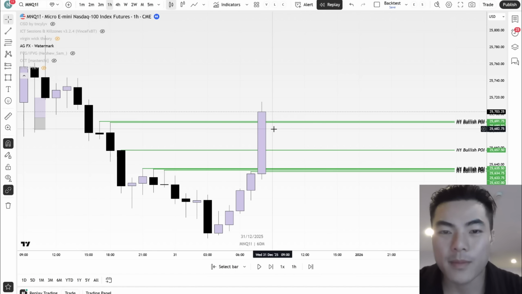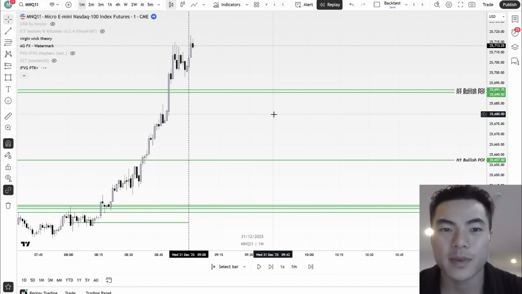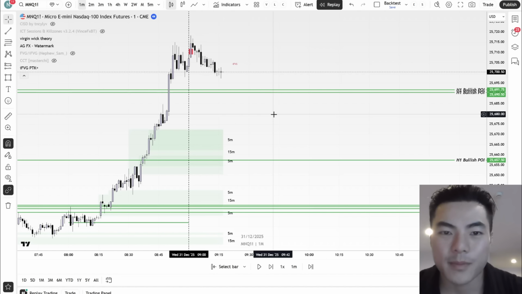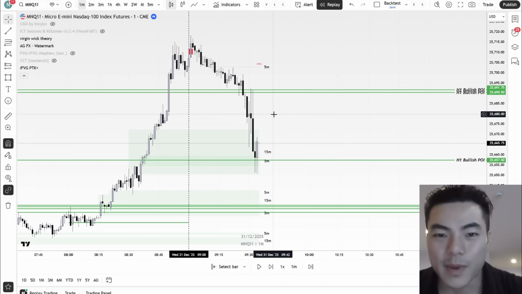So from 9 a.m. you can drop down to the 1 minute time frame. Look for POIs to get engaged along with higher time frame fair value gaps. So there you can see our gaps. Bang. They have been engaged, but no CISD yet.